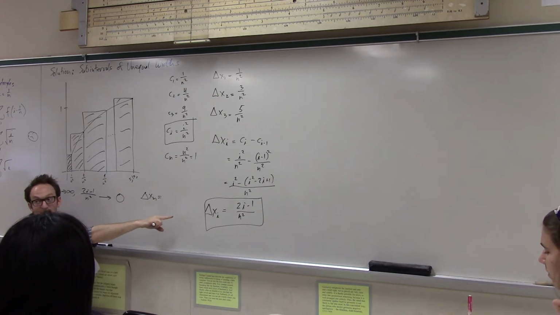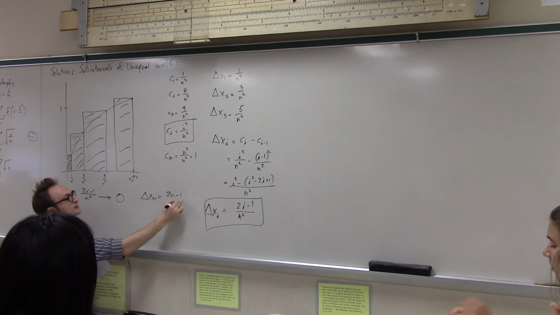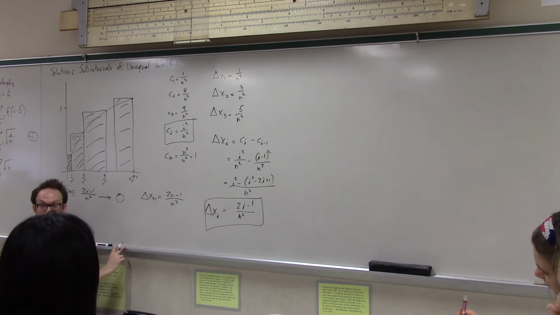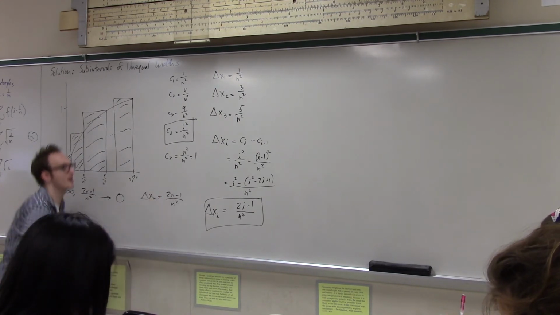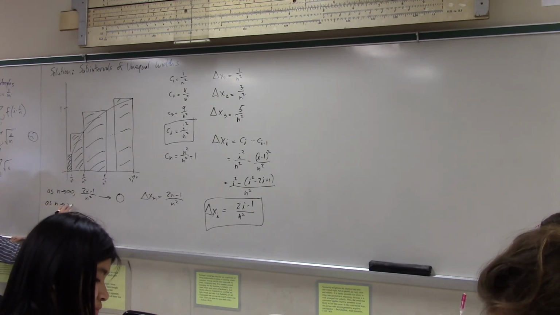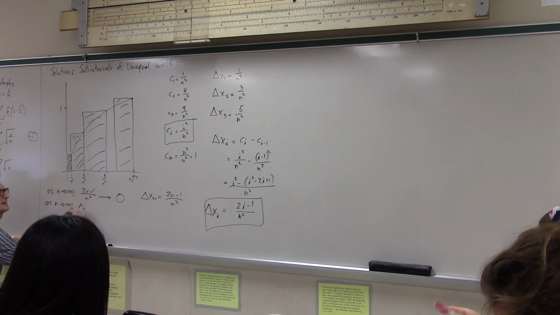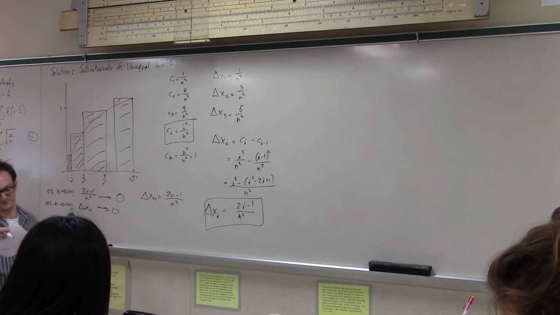We can just plug in n for i in the formula for the width of the ith subinterval, right? That's what I'm doing. This is going to be 2n minus 1 over n squared. So even the widest subinterval has width 2n minus 1 over n squared, and thus, what happens as n goes to infinity? What happens to delta x sub n? 0. That's also going to 0, right? That expression goes to 0 as n goes to infinity.